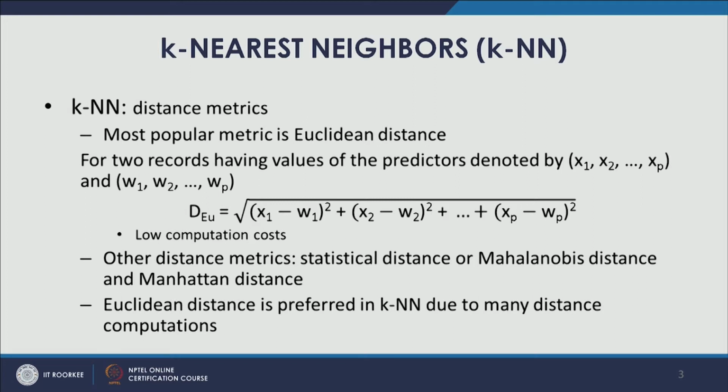For two records with predictor values denoted by x1, x2, up to xp, if there are p predictors, and the second record being w1, w2, up to wp, the Euclidean distance d_EU is the square root of (x1 minus w1) squared plus (x2 minus w2) squared, and so on up to (xp minus wp) squared.